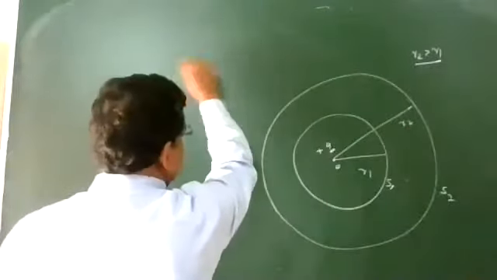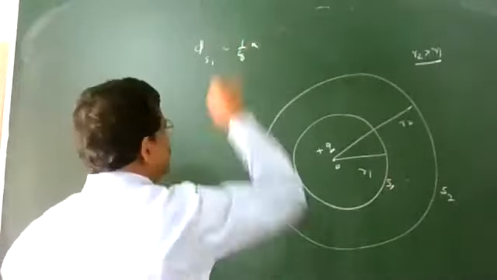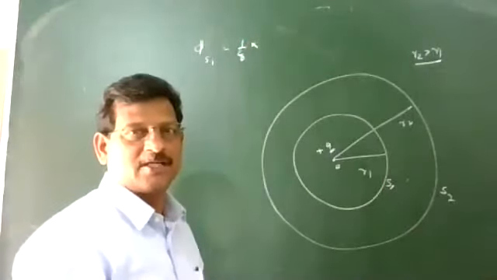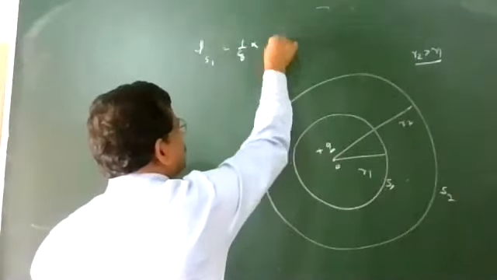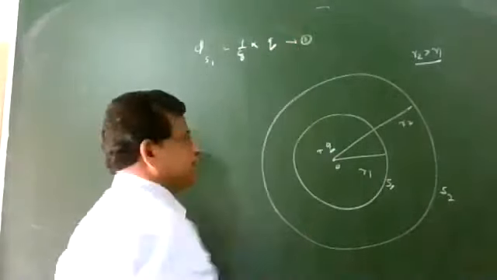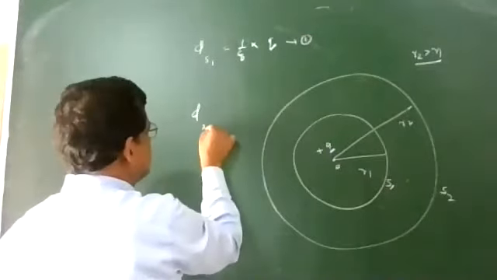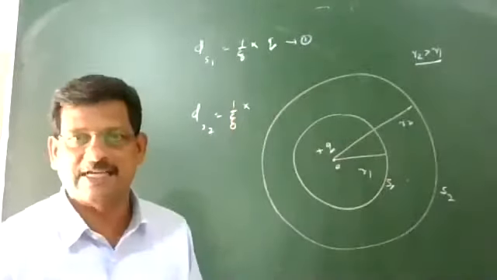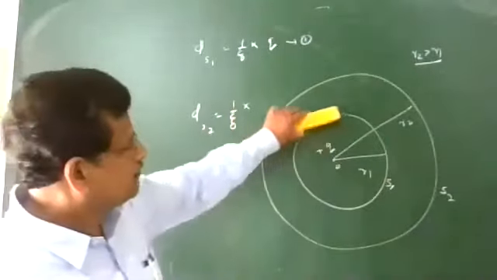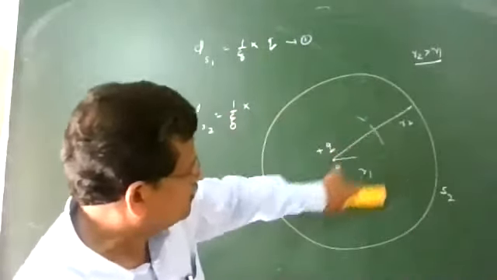Flux through the first surface S1 is 1 by epsilon 0 into what is the charge inside S1? Charge inside S1 is Q. Second, flux through the second surface S2 is 1 by epsilon 0 into what is the charge inside S2? What is the charge inside S2?